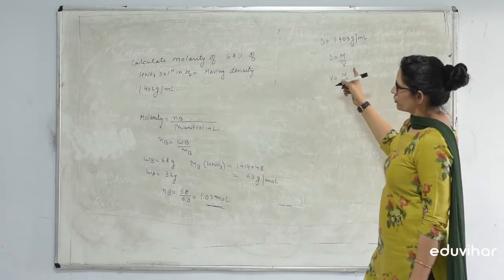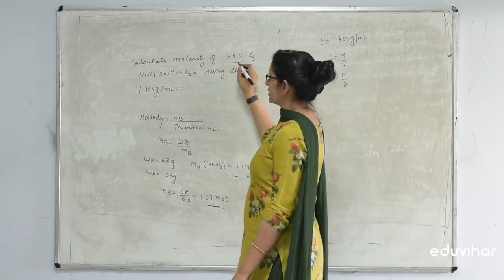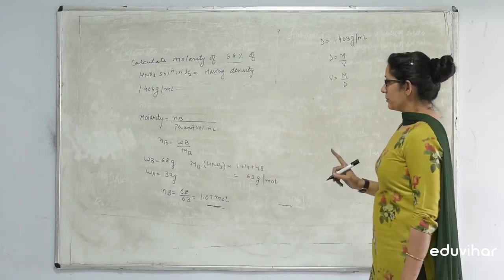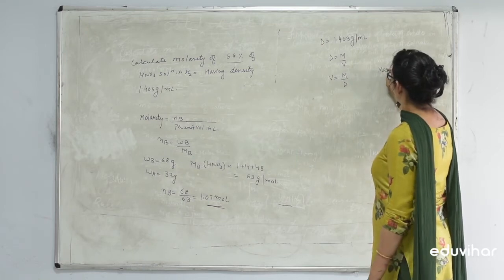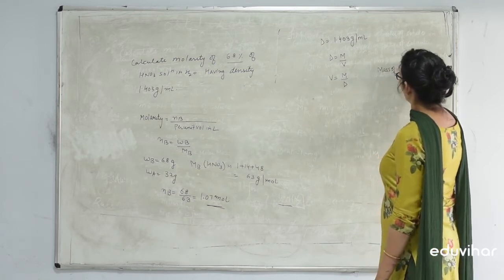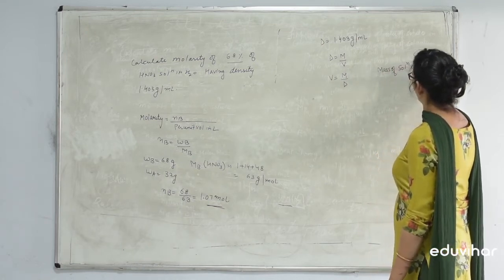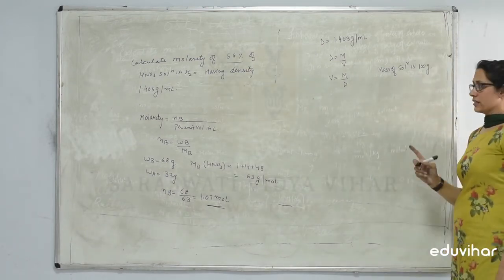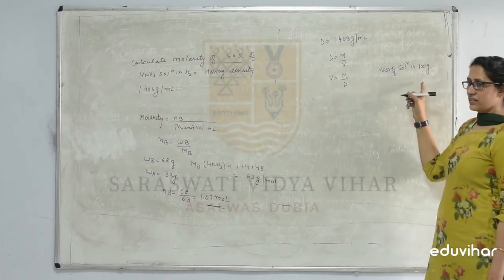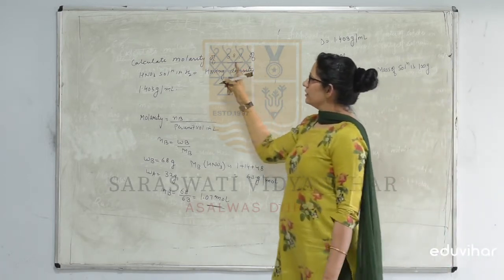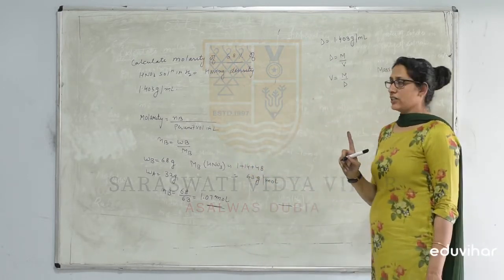Where is the mass of the solution? The mass of the solution is present in the 68%. 68% means the mass of solution is 100 gram. As I told you earlier, the mass of the solution is always 100 gram whenever the mass is given in percentage.